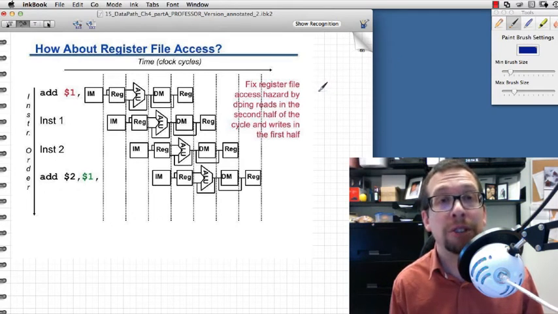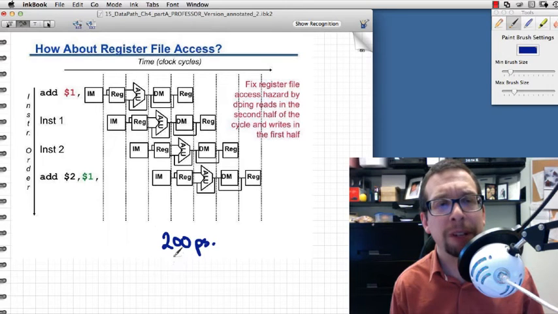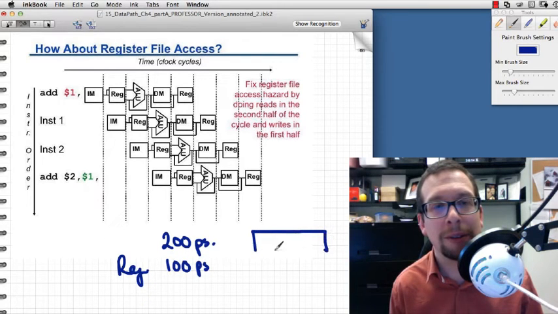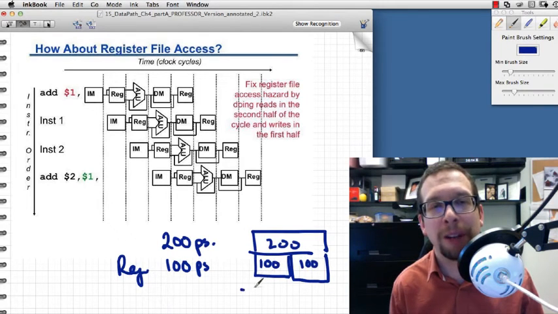You can fix register file access hazards by doing reads in the second half of a cycle and writes in the first half. So if a typical cycle takes 200 picoseconds, like a fetch or something like that, and your register read-write is only 100 picoseconds, then you can block off your register access for one portion of the pipeline to the first half of that 200, and then the other instruction can access it in the second half.